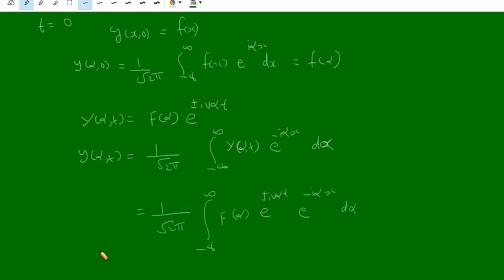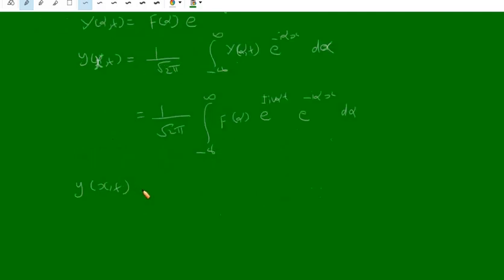So actually this is y of xt. So y of xt is equivalent to 1 by root 2 pi, integral from minus infinity to infinity f of alpha e raised to minus alpha into x plus or minus vt d alpha.